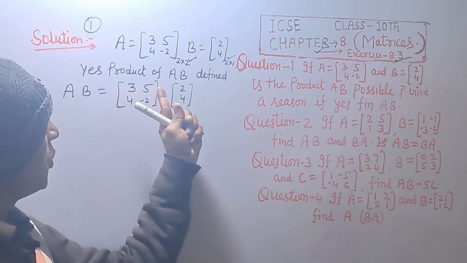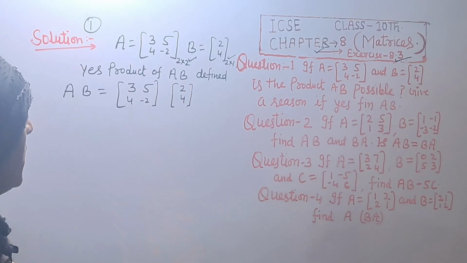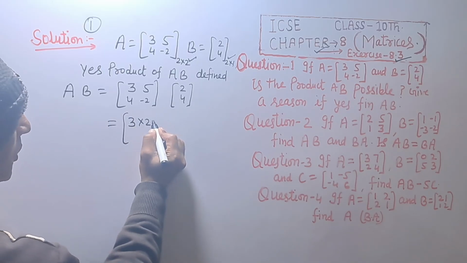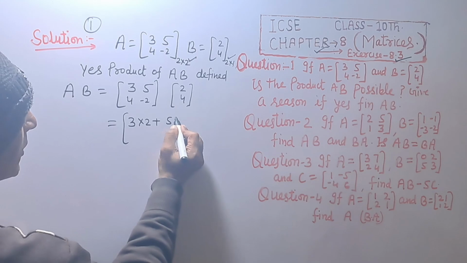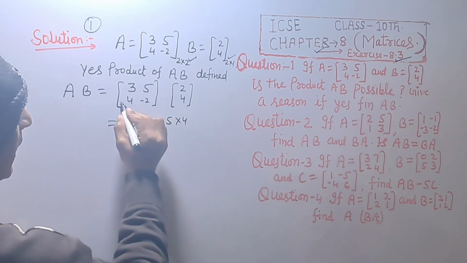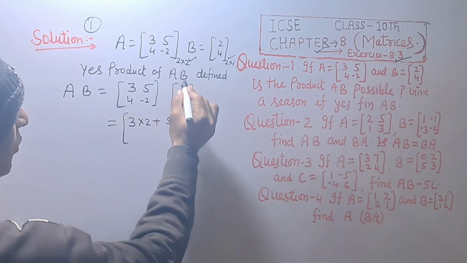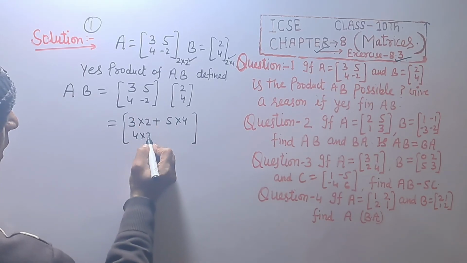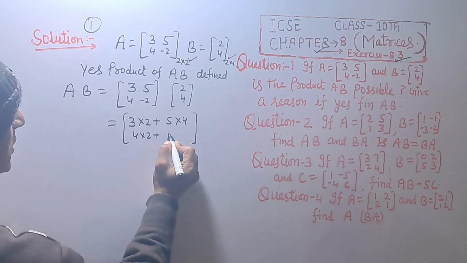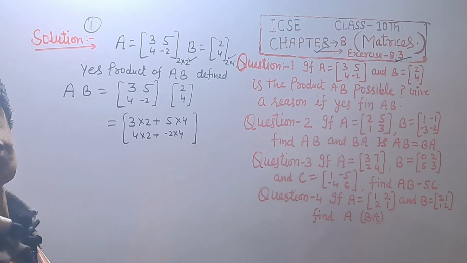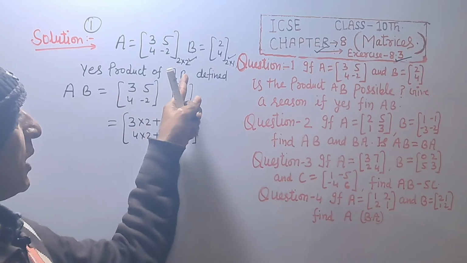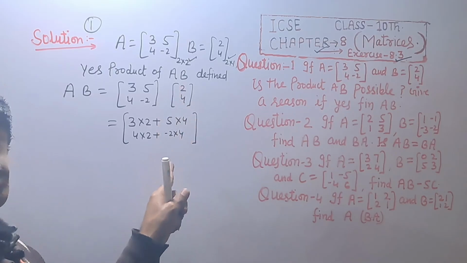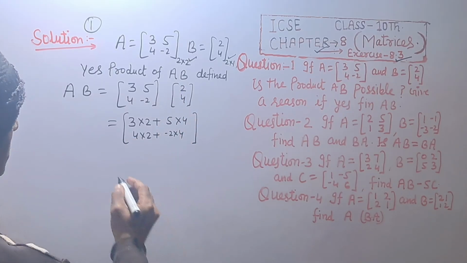Multiply first row by first column, that is equal to 3 multiplied by 2 plus 5 multiplied by 4, and second row, first column, 4 multiplied by 2 plus minus 2 multiplied by 4. First row multiplied by first column gives the first entry, and second row multiplied by first column gives the second entry.